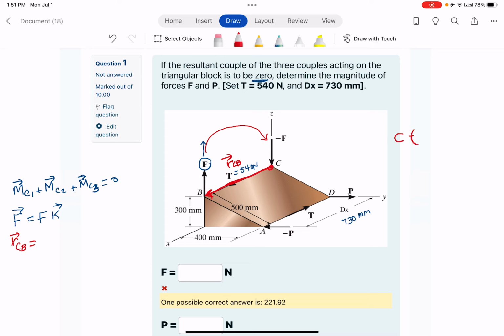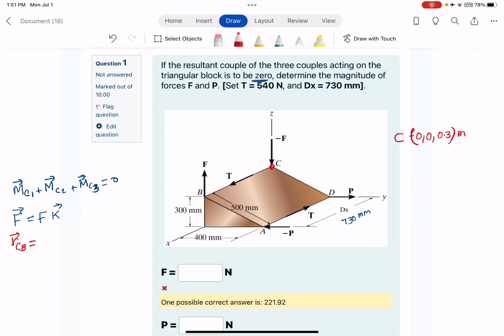Okay, so the RCB is going to be determined by finding, first of all, what is the coordinate C? The coordinate C, you could see it, is on the Z-axis: nothing in the X, nothing in the Y, and there is 0.3. I'm going to call it 0.3 meters because 300 millimeter divided by 1,000 is 0.3 meters.